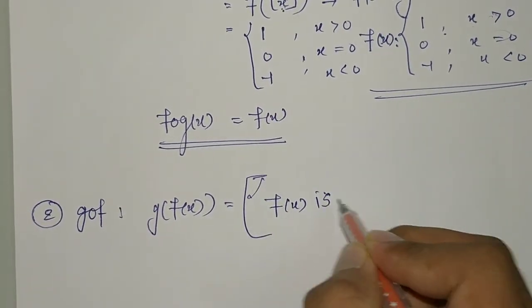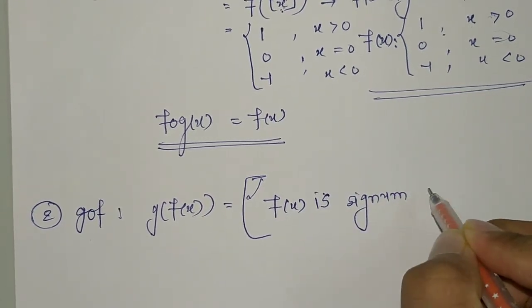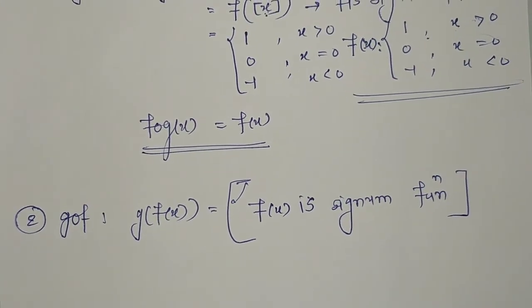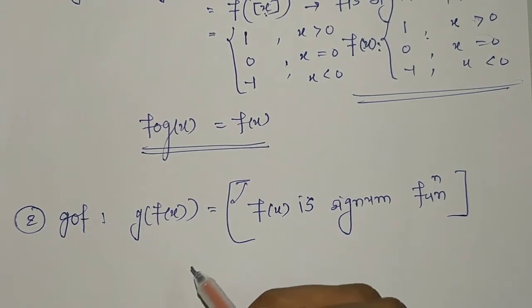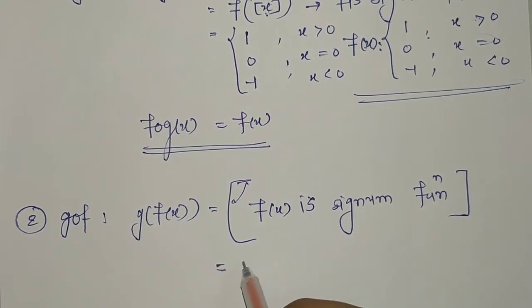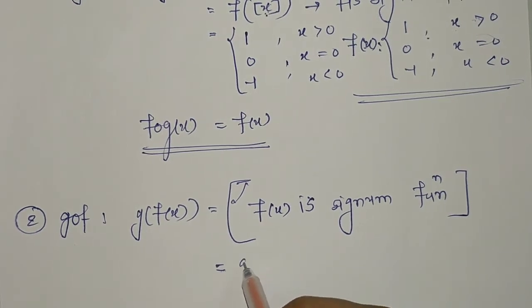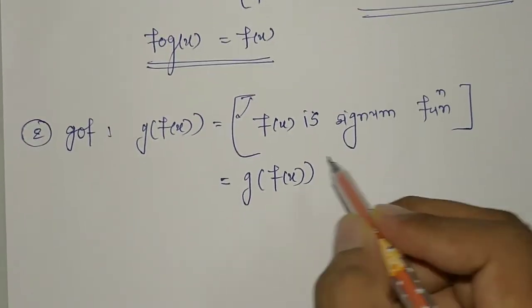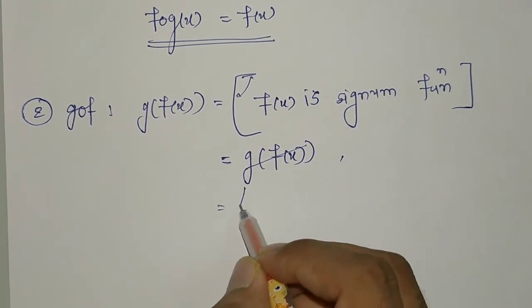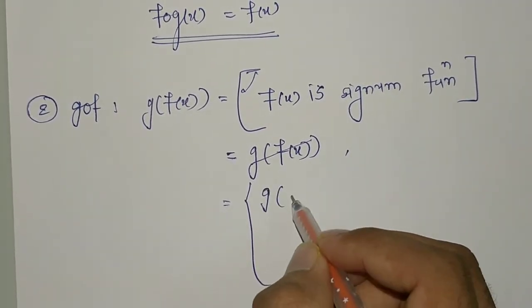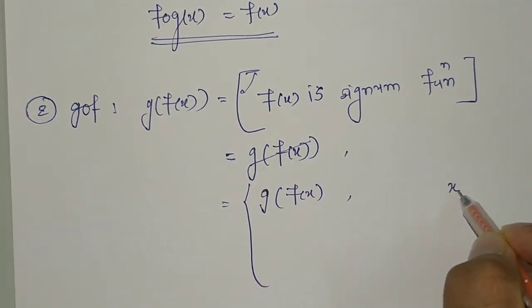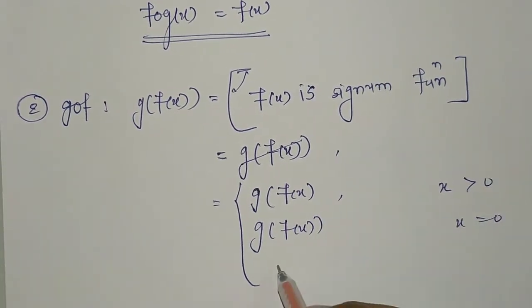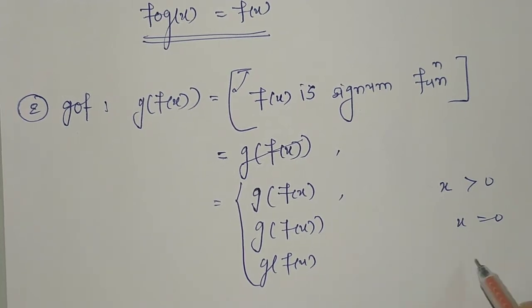Let me write it this way: g of f of x when x is greater than 0, g of f of x when x equals 0, and g of f of x when x is less than 0.